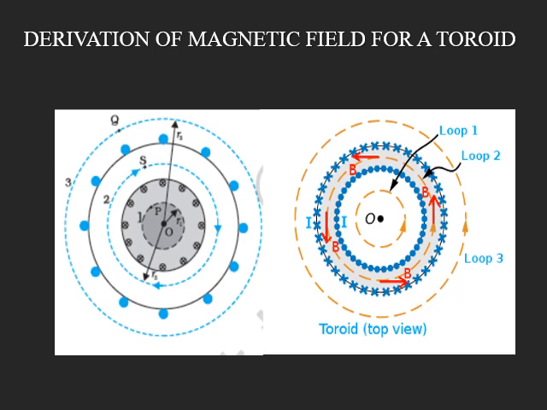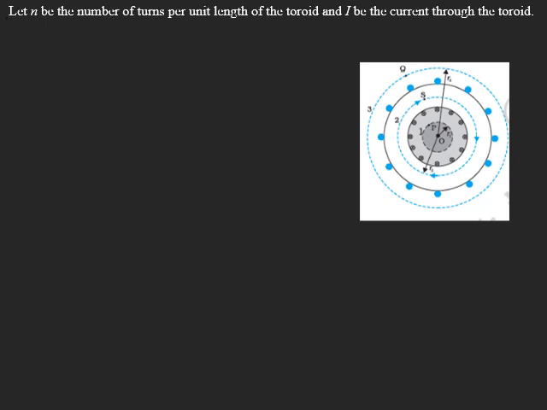Loop 1 is at a radius r1, loop 2 is at a radius r2, loop 3 is at a radius r3. This will be your diagram: radius r1 for the first loop, radius r2 for the second loop, and radius r3 for the third loop. We'll again begin with small n being the number of turns per unit length of the toroid and I being the current through the toroid.